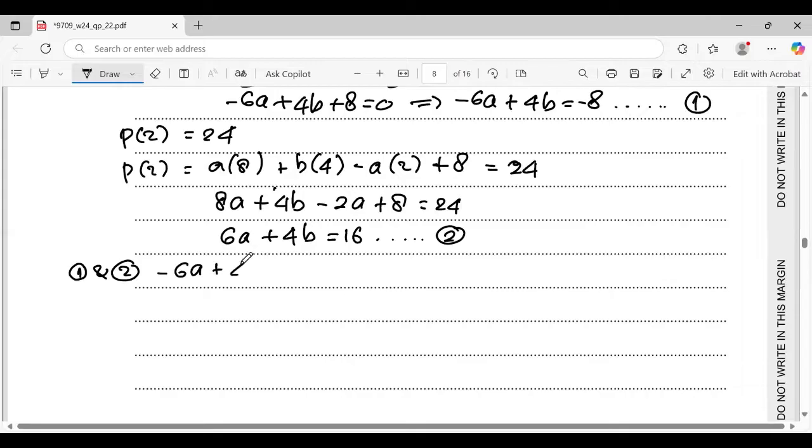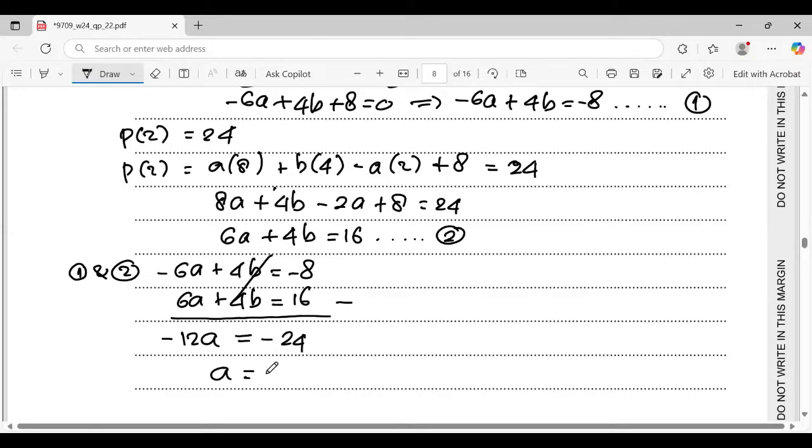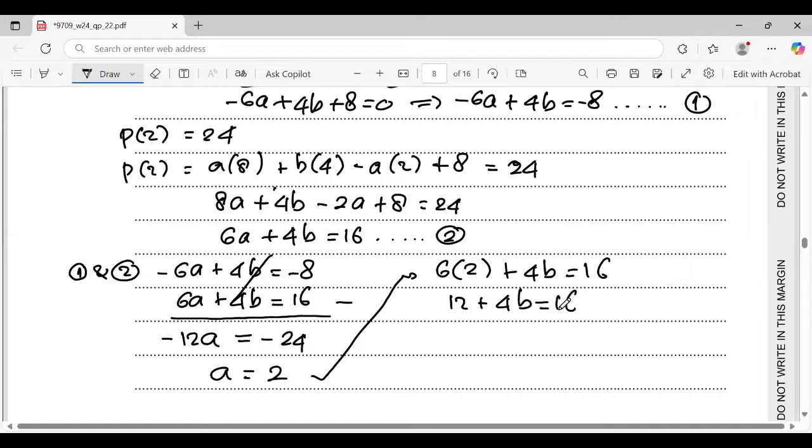Subtracting, the b terms become 0 and we get −12a equals −24, so a equals 2. Substituting a equals 2 into the second equation: 6 times 2 plus 4b equals 16, so 12 plus 4b equals 16.